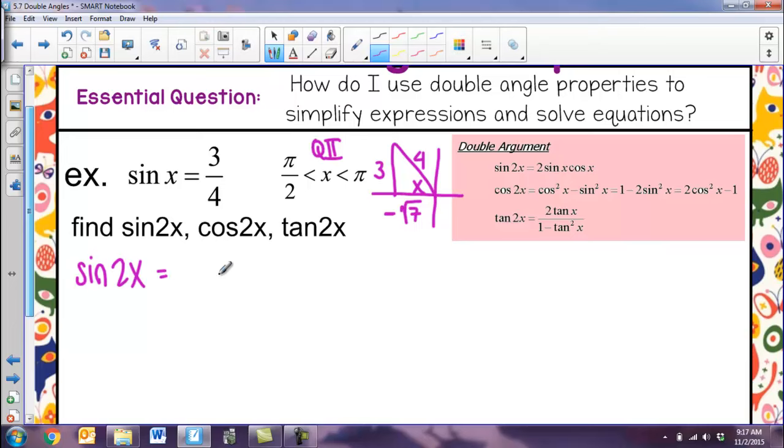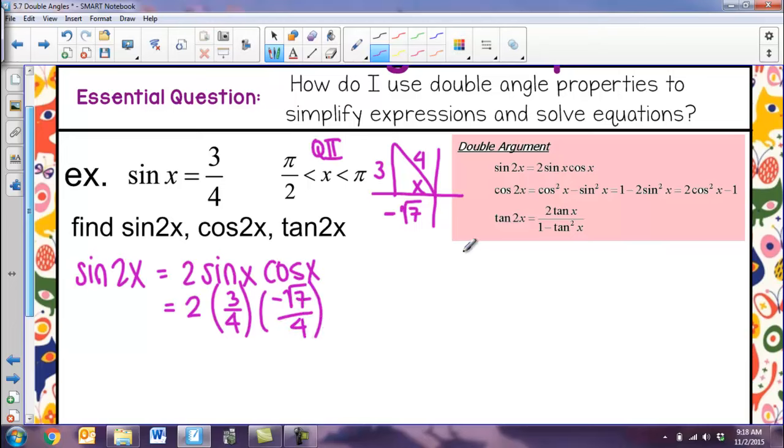So the sine of 2x, if you use that formula chart, you would know that the sine of 2x is 2 times the sine of x cosine x. Well, the sine of x and cosine of x are just ratios that I can pull off of my triangle using SOHCAHTOA. So I'd have 2 times the sine of x, which is opposite over hypotenuse, or what they gave you. And then the cosine of x would be adjacent over the hypotenuse. And now this is just a fraction that I can simplify.